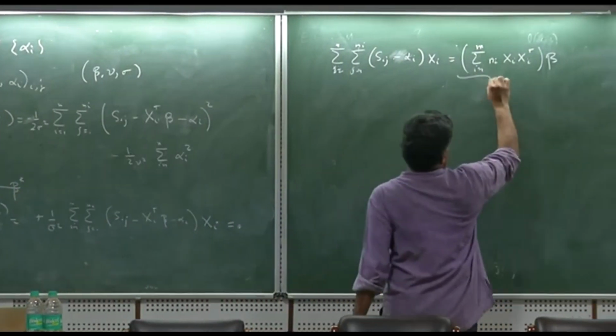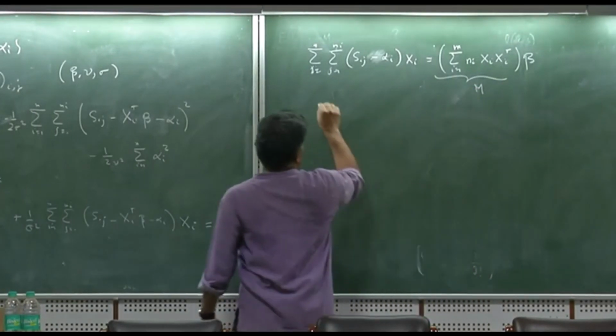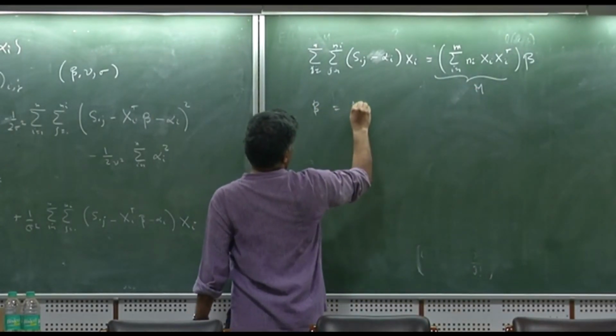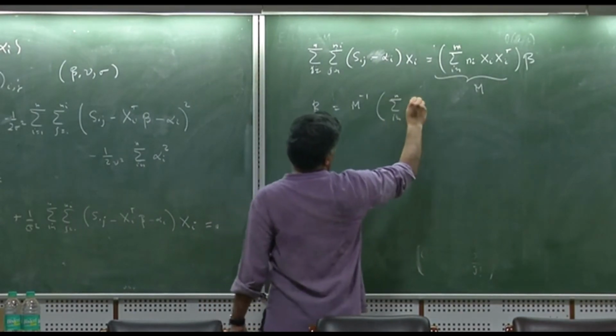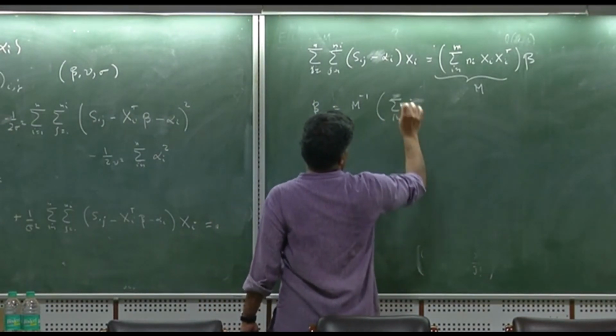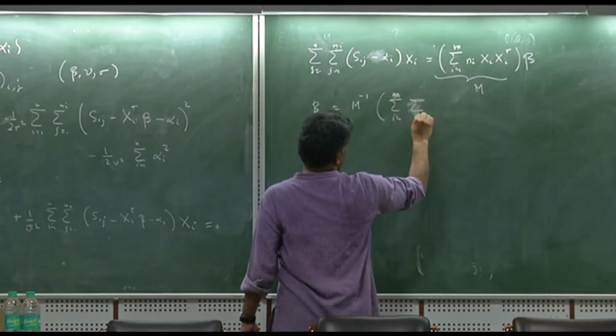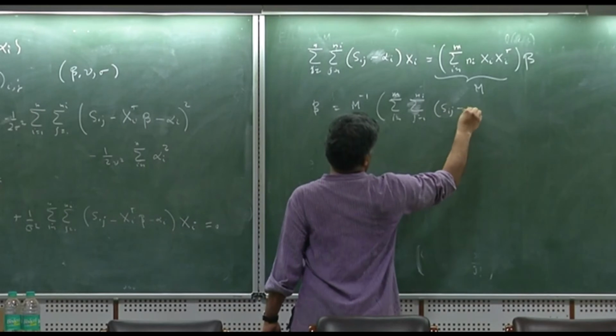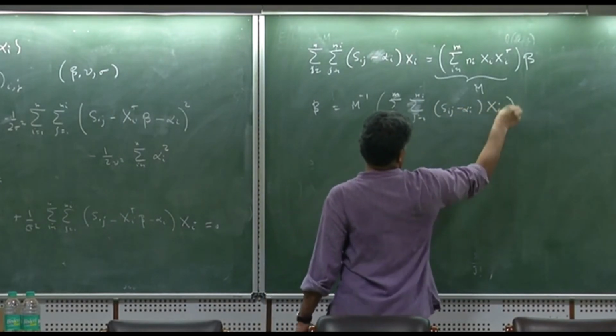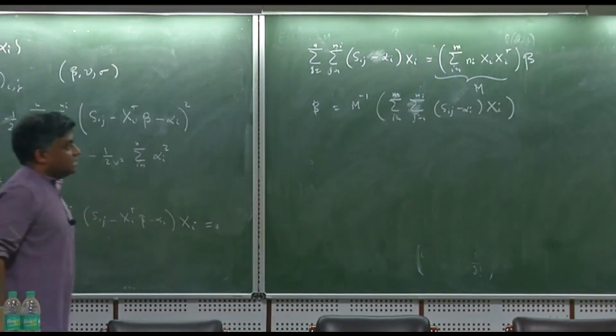Call this some matrix M. So beta turns out to be M inverse times the summation of i going from 1 through n, j going from 1 through n_i, of (S_ij minus alpha_i) times x_i. All right, so that's the optimum beta.